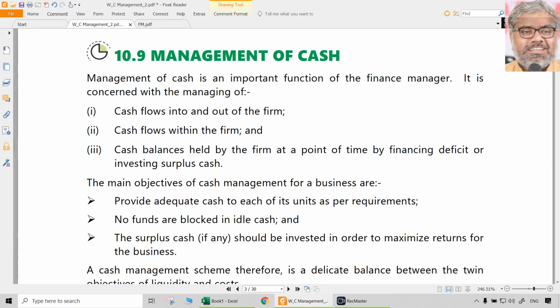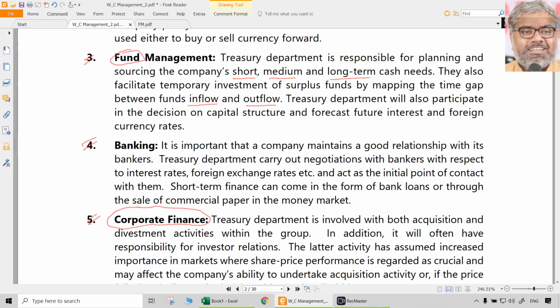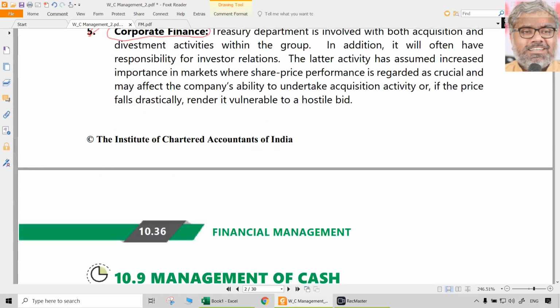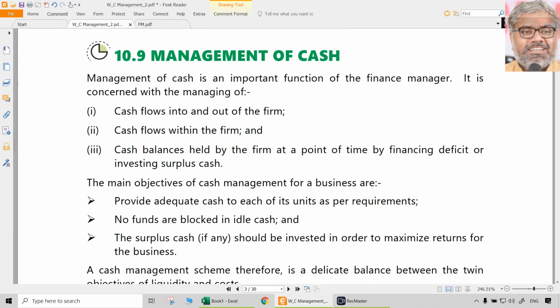And in huge multinational companies and banks particularly, they have a treasury team that is very sophisticated and very dedicated. They will be working only on the management of currencies, banking operations, fund management, and cash management. These are the major things that they do. Corporate finance is generally left to some other department. It depends upon the type and size of the organization.